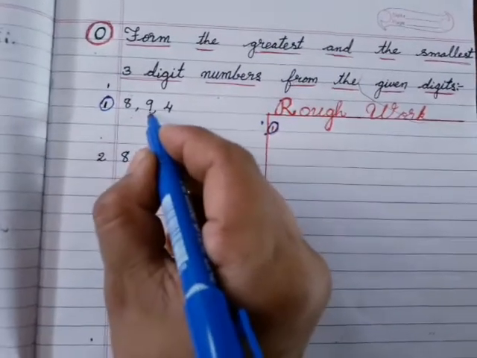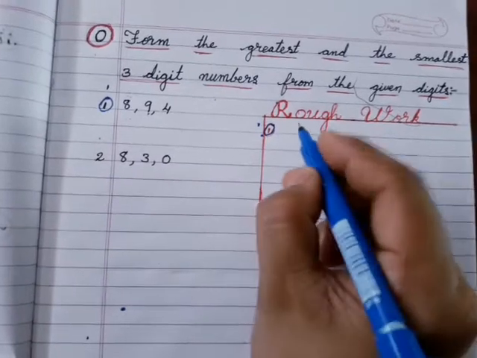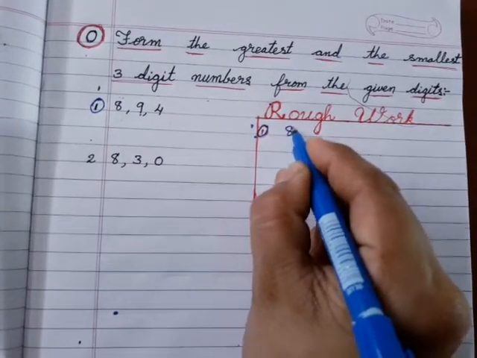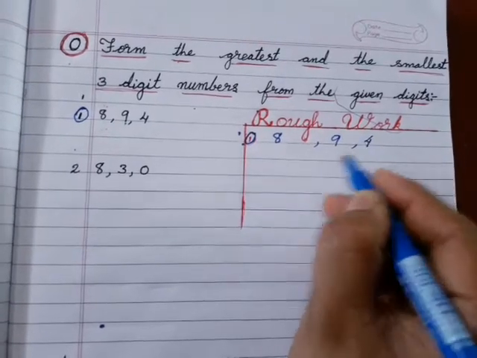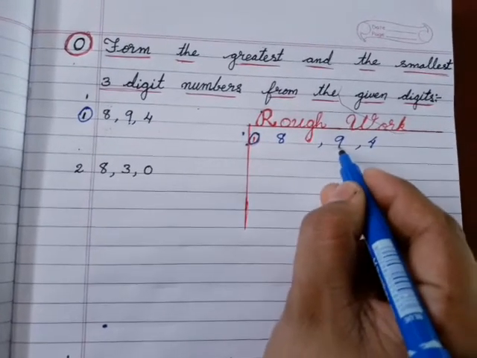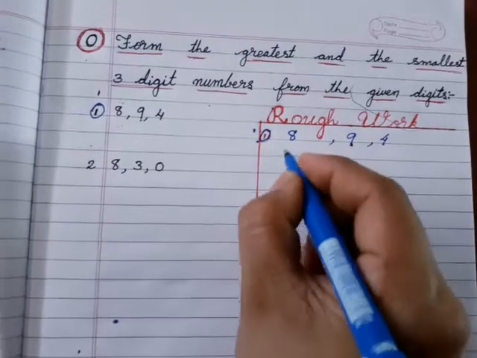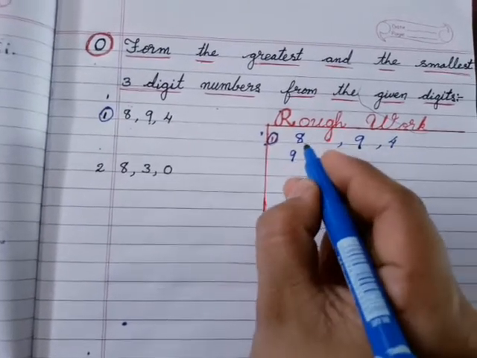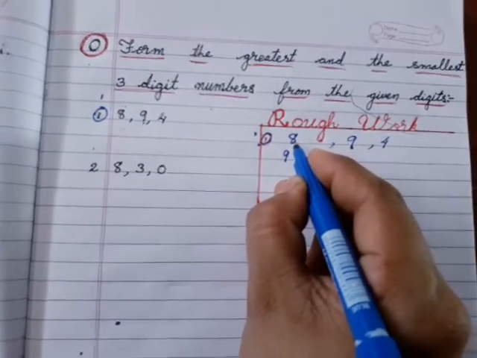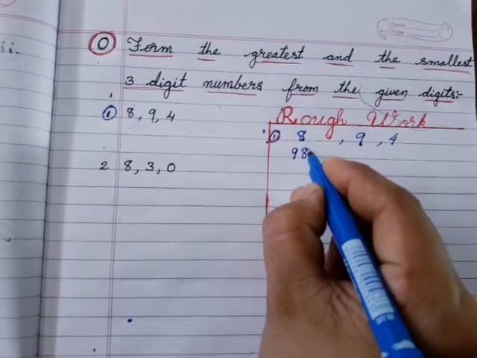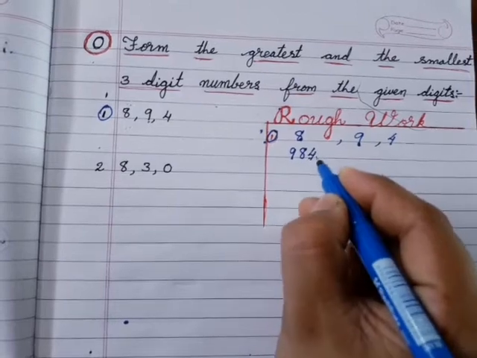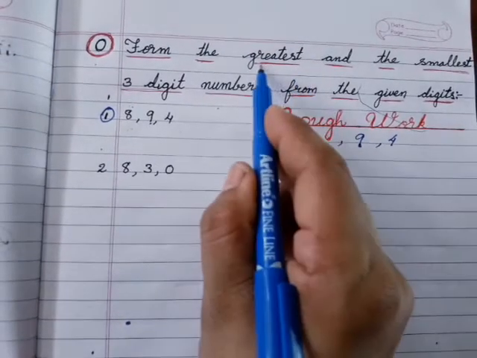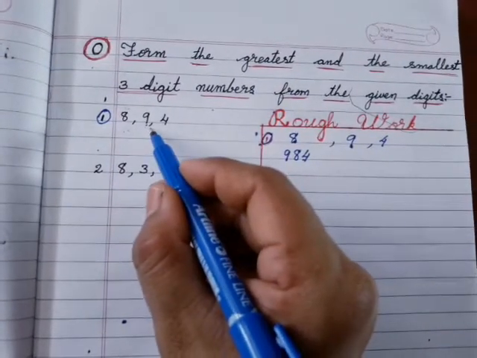Here I am bringing back the same digits 8, 9 and 4. Which is the greatest number in this? 9. Let us bring 9 first. Then the next greatest is 8 and the smallest is 4.